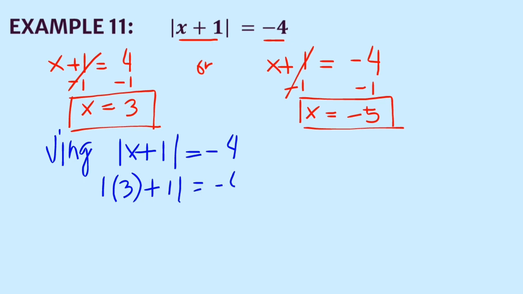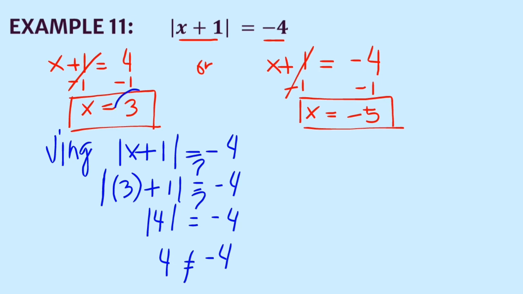So, what is 3 plus 1? It is 4. Now, what is the absolute value of 4? It is 4. Now, the question is, equal or not? It is not equal. This means that 3 is not a solution to our equation.